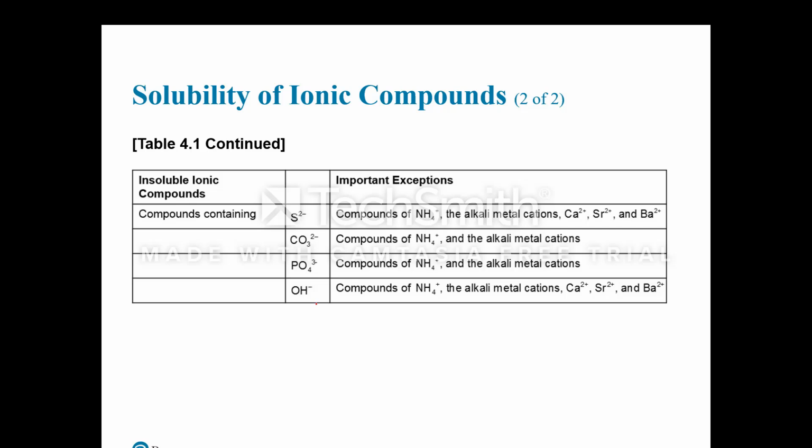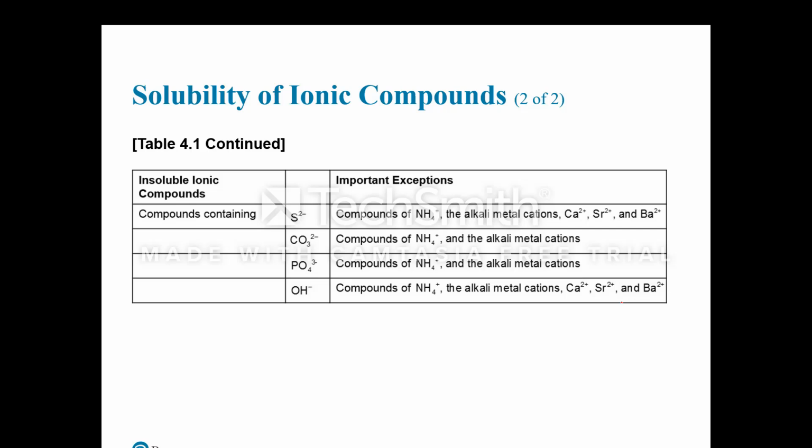Copper 2 hydroxide or copper 1 hydroxide is insoluble in water. But there are exceptions when the hydroxide ion is paired with the ammonium ion, the alkali metal cations, calcium 2+, strontium 2+, or barium 2+.